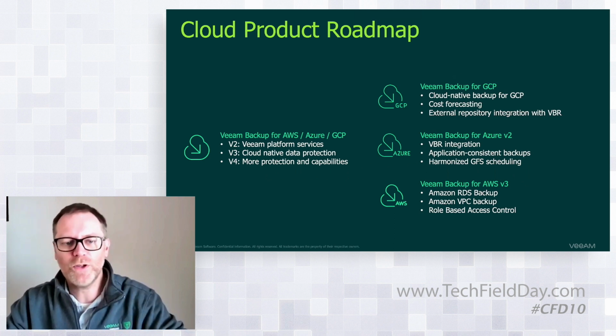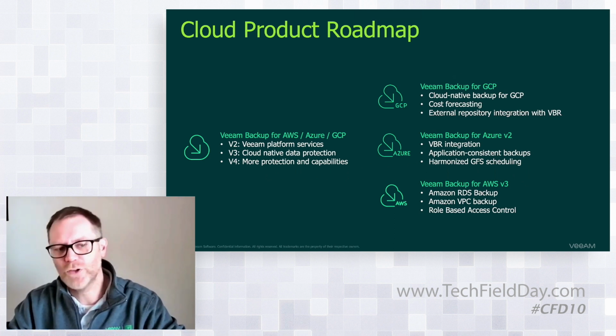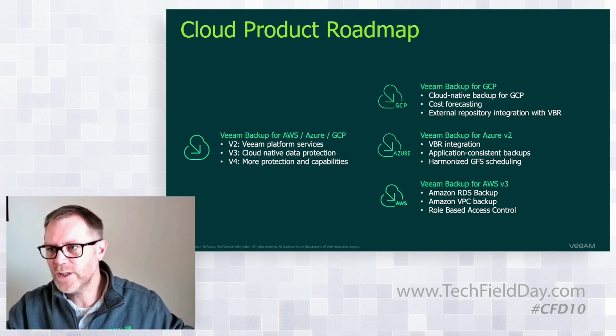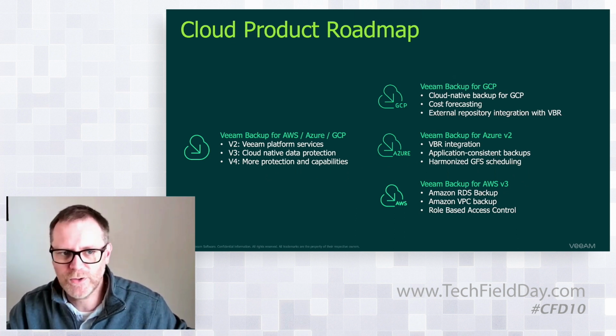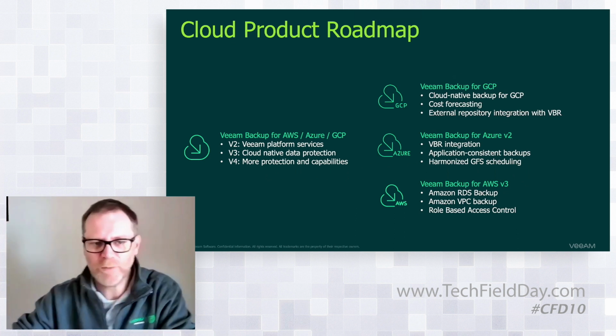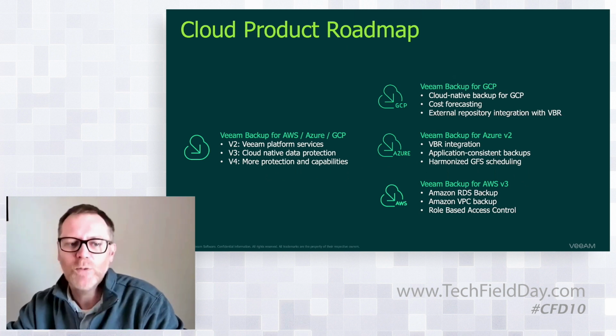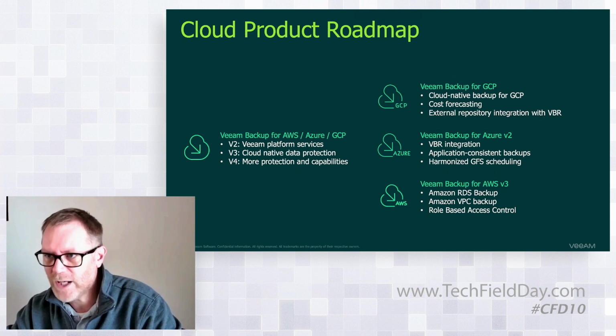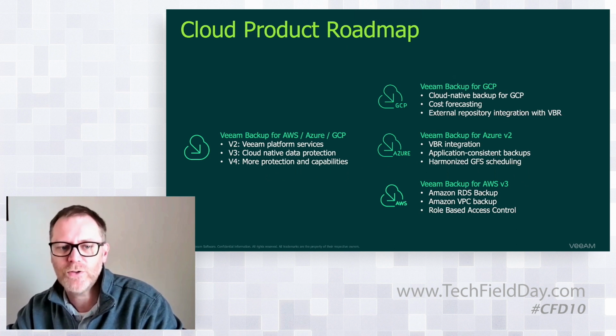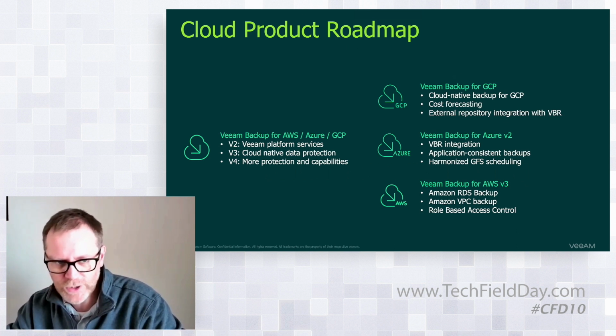The next version, version 2, brings in integration into our centralized data management. From an Azure perspective, which we GA'd back at the end of January, we brought in that centralized data management with Azure version 2 and Veeam Backup and Replication version 11.